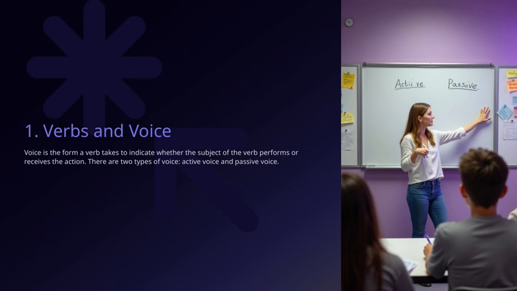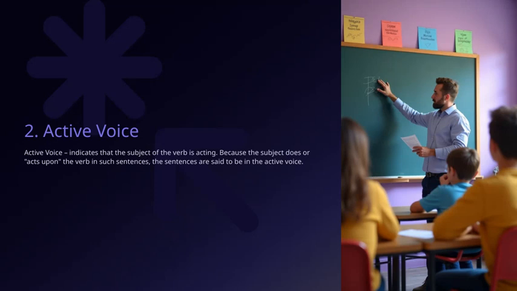In passive voice, the subject receives the action, which can sometimes make sentences sound more formal or focus on the action itself rather than who's doing it. Recognizing these voices helps us better understand and craft clear, effective sentences, which ties back to our overall goal of improving communication.